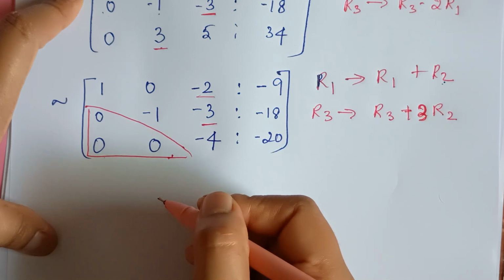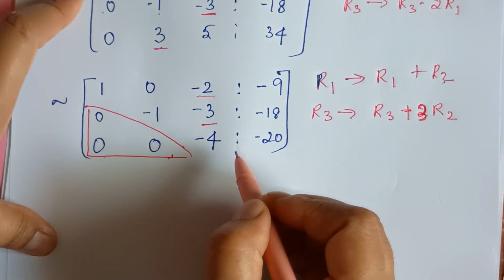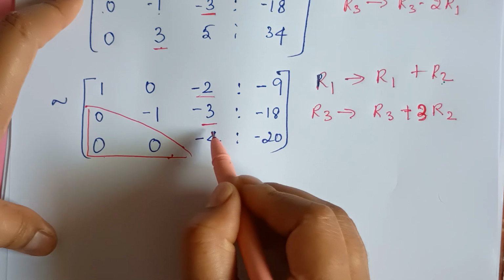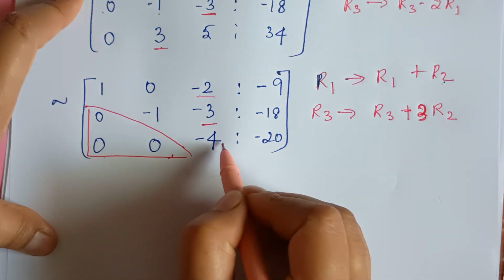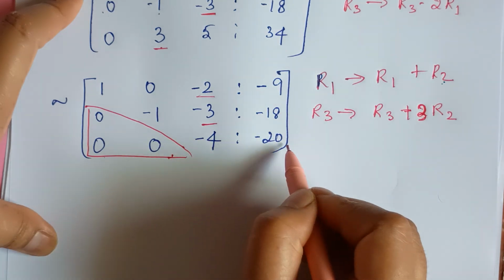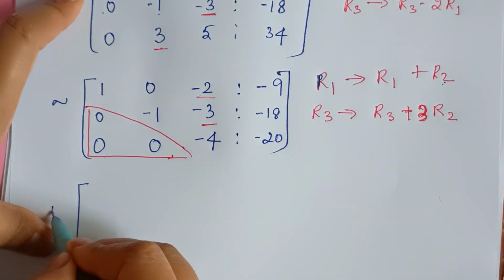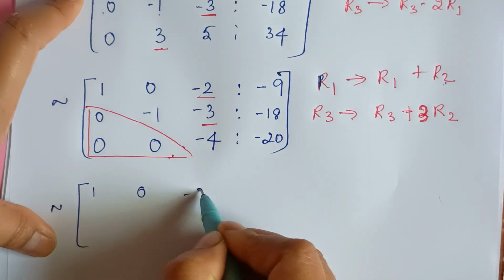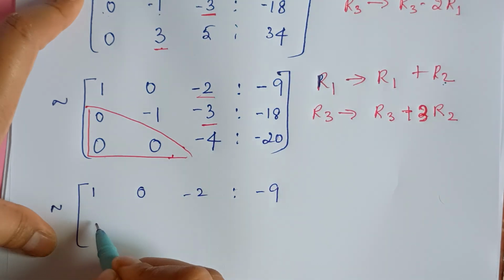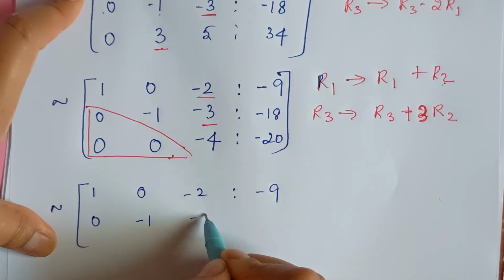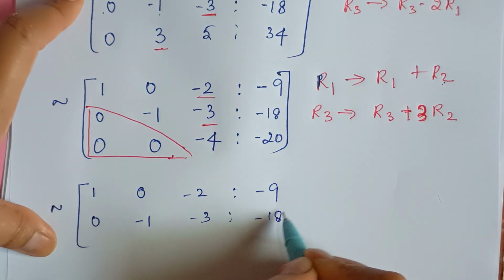So before doing that, what I can do is I can reduce this to 1. I can reduce this to plus 1, and this to, okay, let's see, let's move forward. So this 0 minus 2 minus 9, 0 minus 1 minus 3 minus 18.